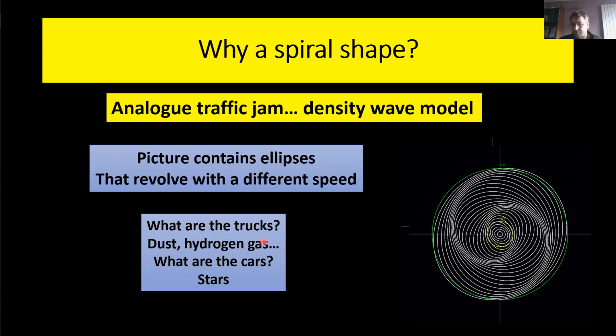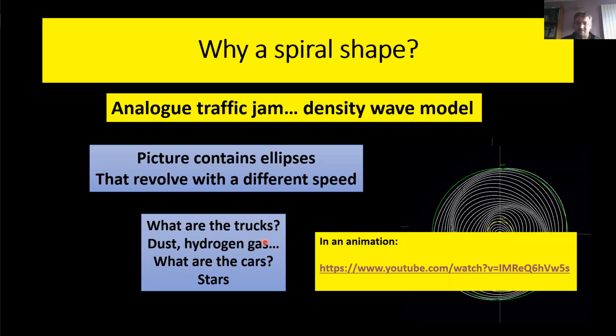Another thing is this really nice animation. I won't click on this video. I would recommend you to stop and then, on the lecture slides, click on it and enjoy this video. What you see is stars going in concentric circles at the beginning. Then somehow this circular symmetry is distorted.